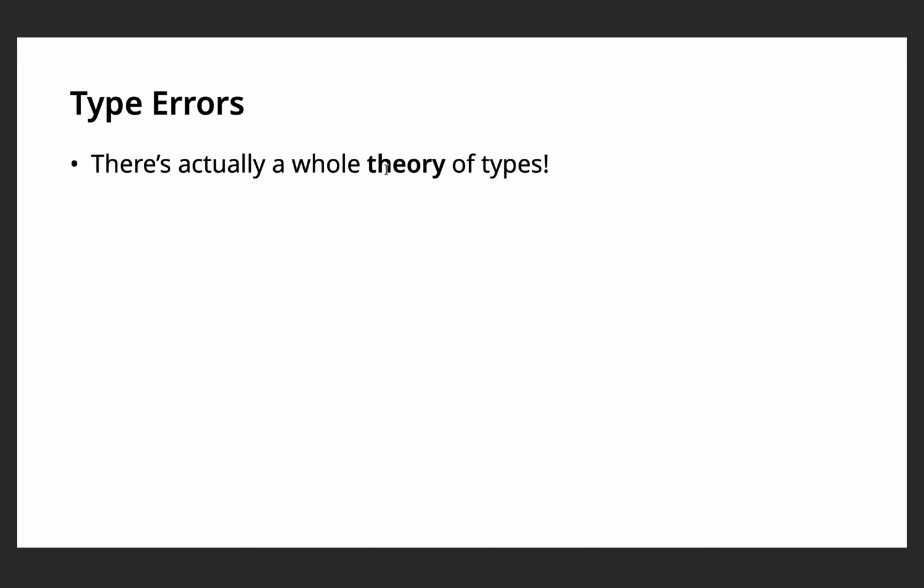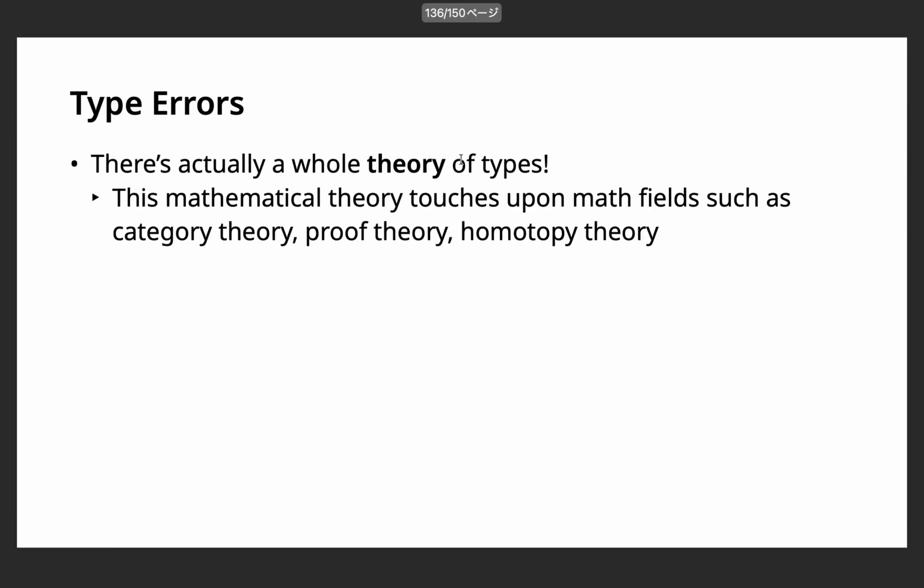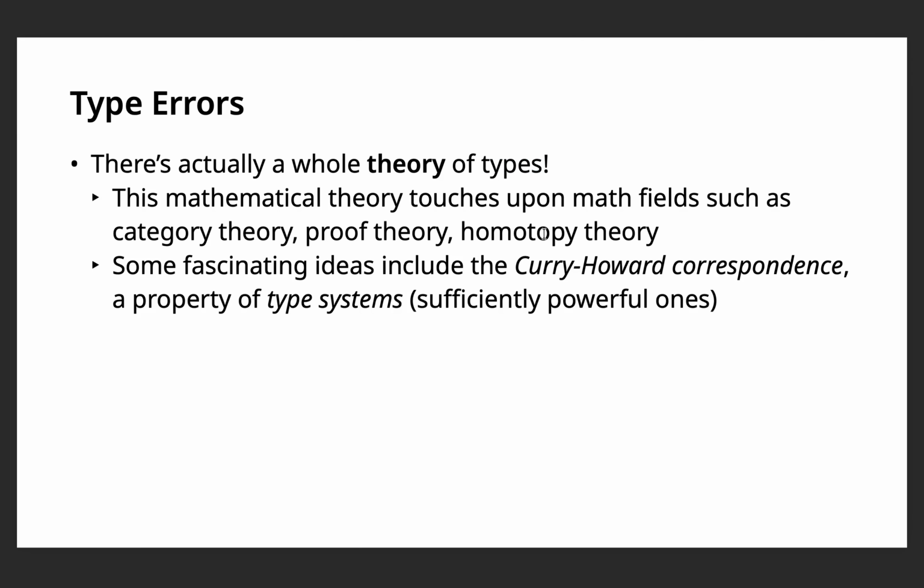There's actually what we call type theory. This is actually a subfield of math. Types are very much related to other fields that you would encounter in math. So if you've heard of stuff like category theory, then types are very much related to those. One of the main consequences that we get from type theory is stuff like this Curry-Howard correspondence.